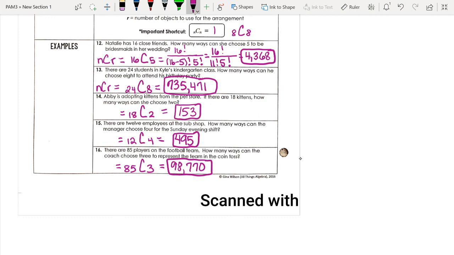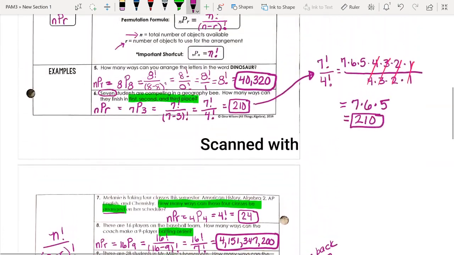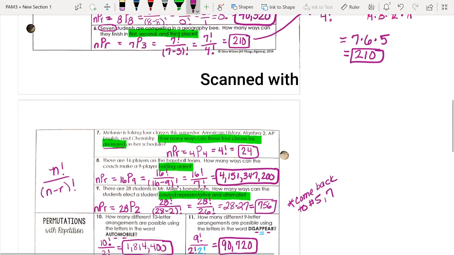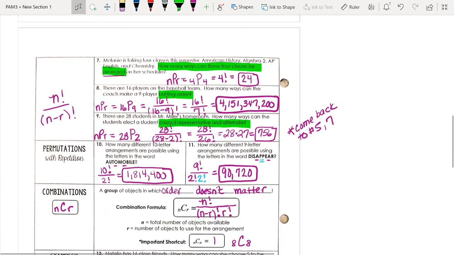All right, this is the beginning of probability. What I want you to do real quick is go back and do a permutation. Matter of fact, let's go to number 8. Number 8, we did 28P2.